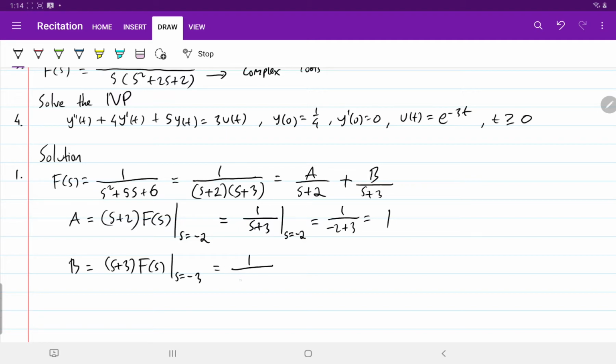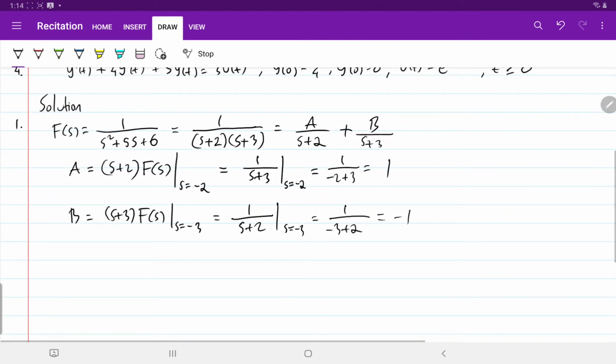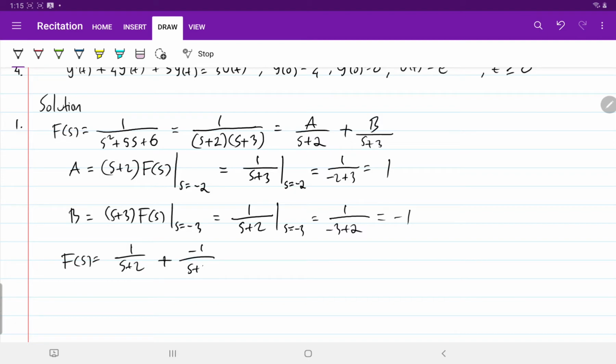So you get 1 over s plus 2 at s equal to minus 3. 1 over minus 3 plus 2 is of course minus 1. So you are left with A is 1, and B is minus 1.